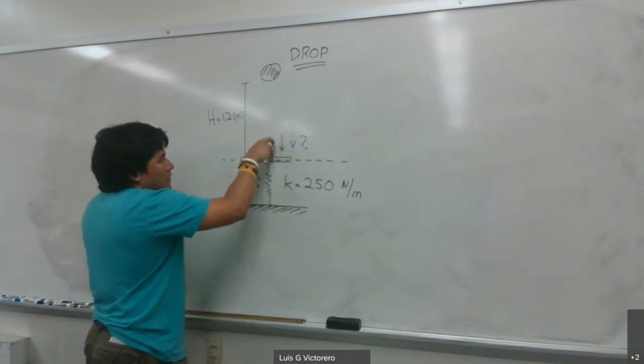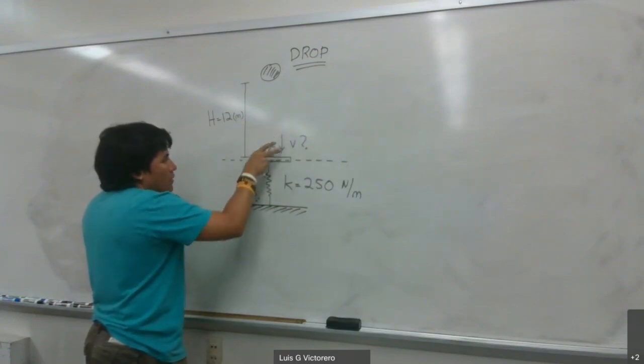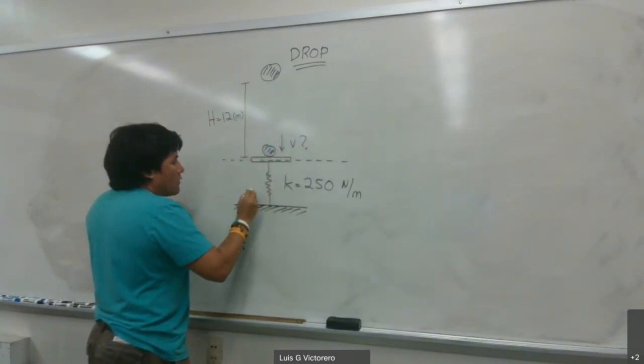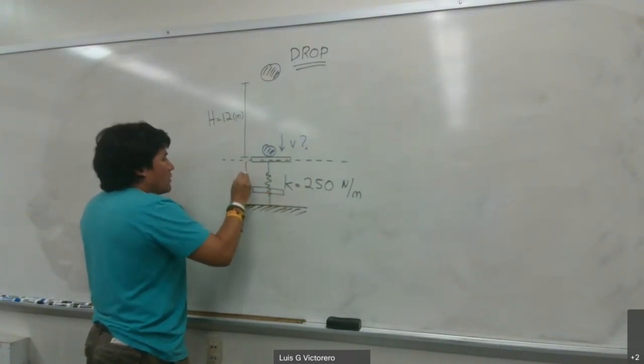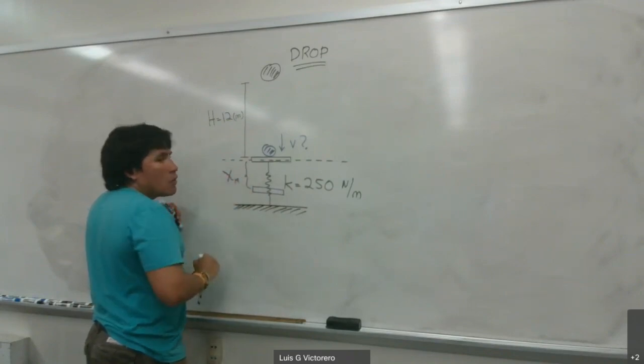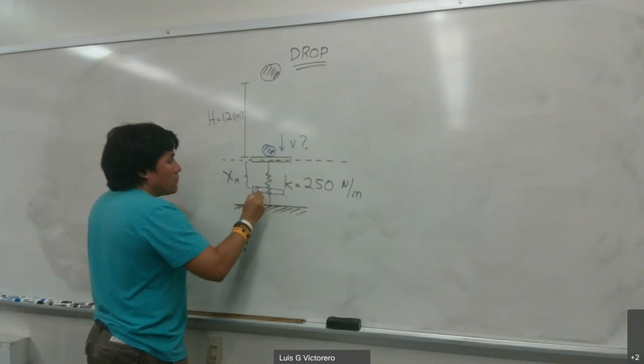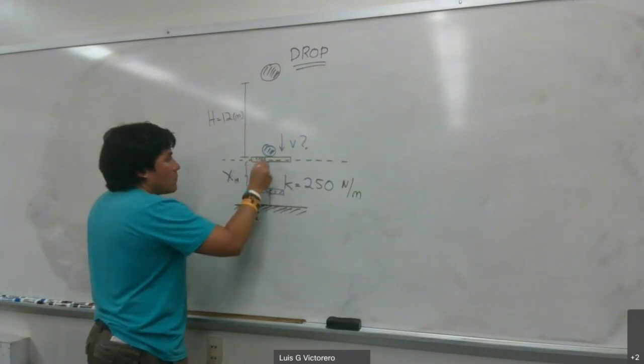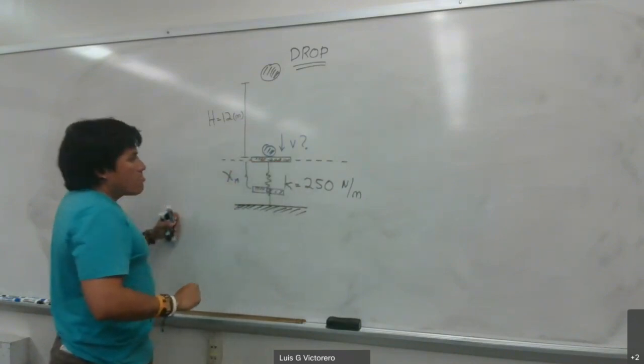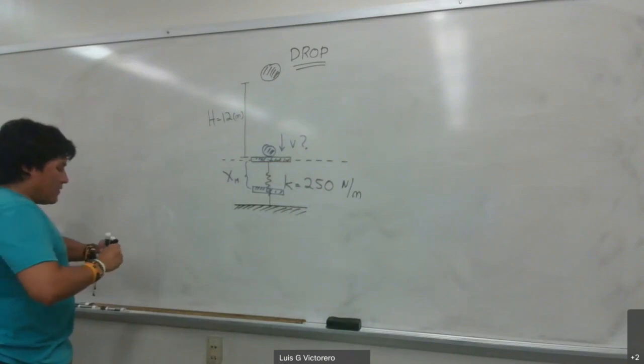Because as the mass lands on the platform, this will elongate to a position. So you want to find the maximum compression. So there are 2 parts.